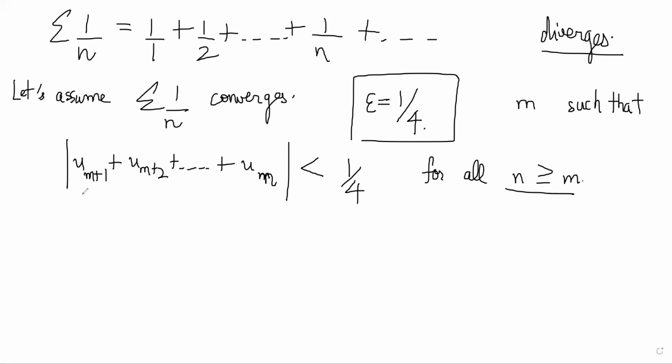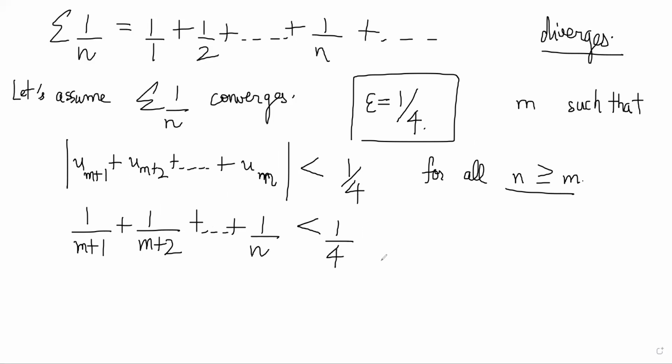So what are these terms? 1 by m plus 1 plus 1 by m plus 2 and so on till 1 by n, right? All the terms are positive, so we can remove the mod and say just less than 1/4 for all n greater than m.